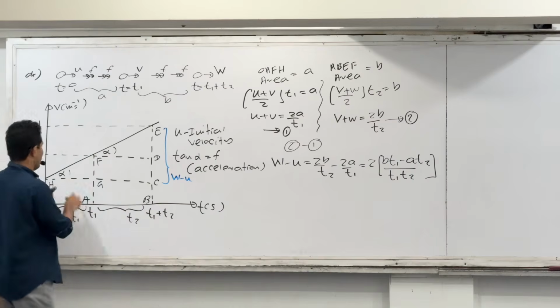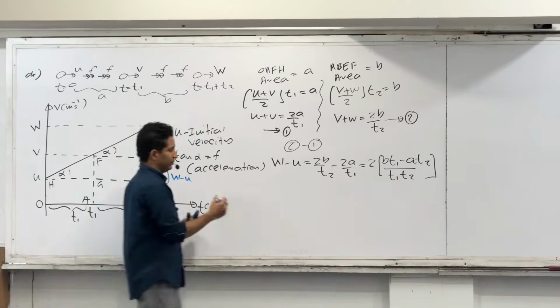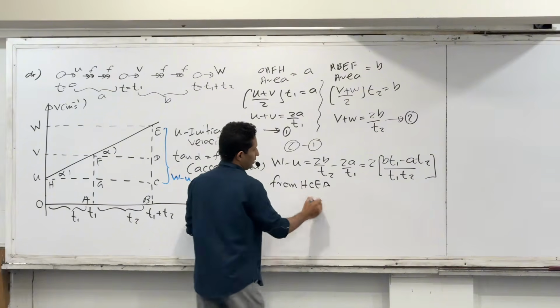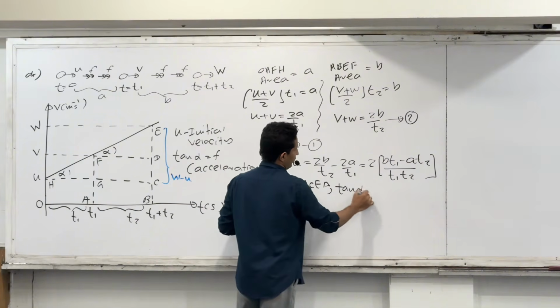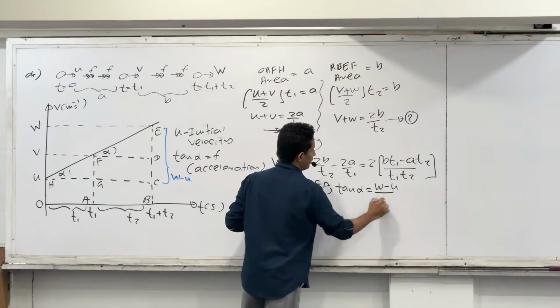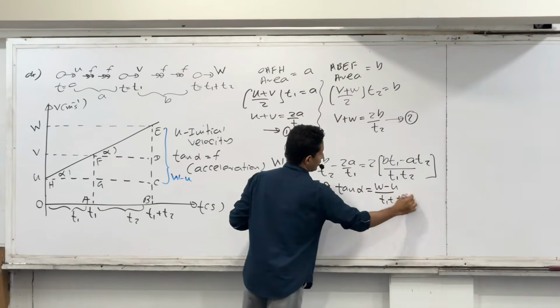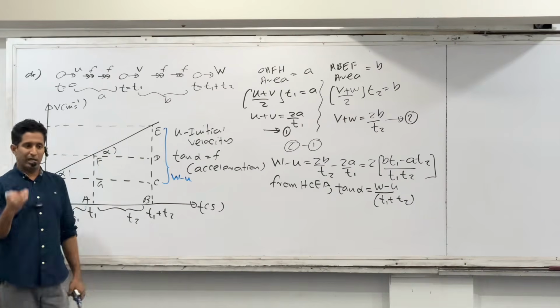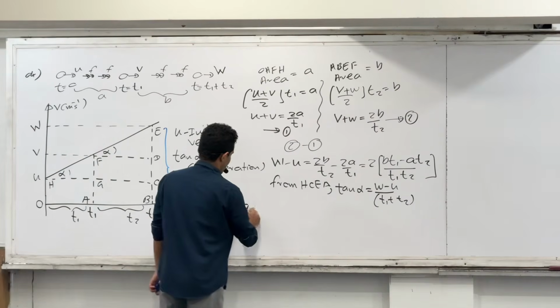Now again you can say from the triangle, tan alpha equal W minus U over T1 plus T2. What is tan alpha? Acceleration.